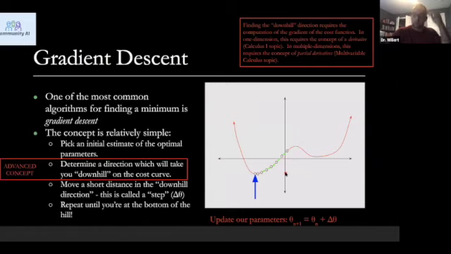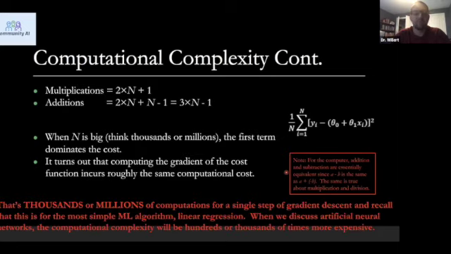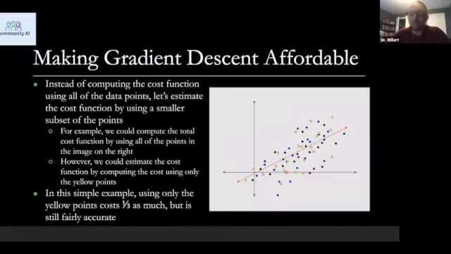And if our data set had 1 million elements in it, that would mean we'd be doing about 14 million multiplications and 21 million additions. That's quite expensive. Again, the computer's really fast, so it can do it quite quickly. But is there a way to make this more affordable? And it turns out there is.